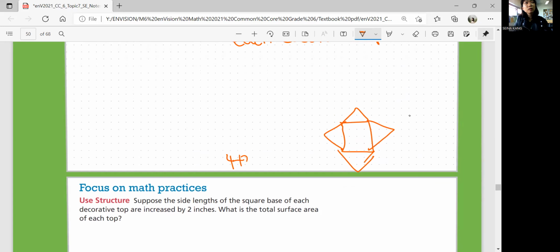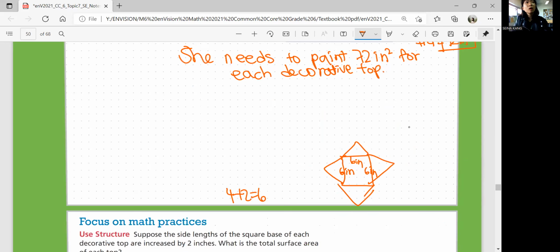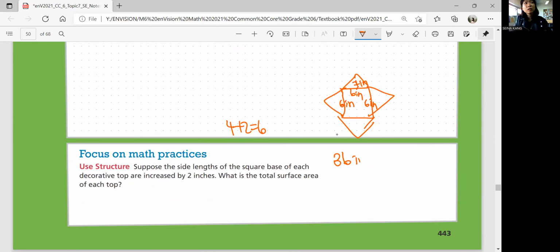Instead of 4 inches, it increased by 2. So 4 plus 2 is 6 inches. But the height of the triangle stays the same. That's still going to be 7 inches. So you're just going to have 6 by 6 as the base. So 36 inches squared for the base.